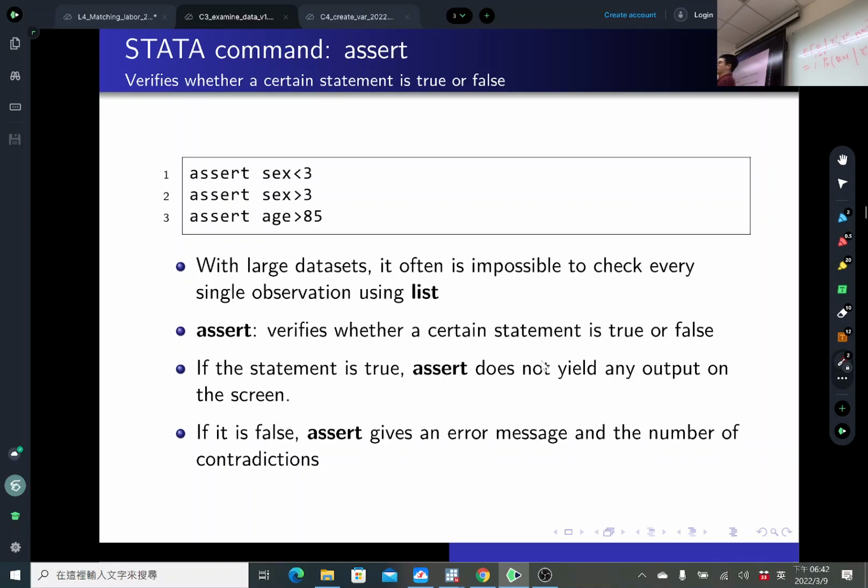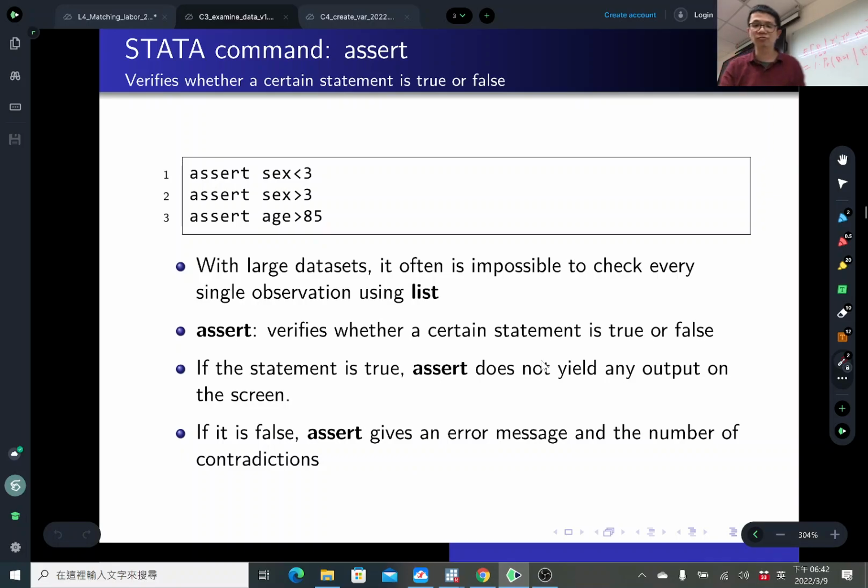Typically, it will not have a number more than 3. But you want to check whether your data is right or not, so you can use assert. If this condition is right, it will say nothing. But if this condition is false, it will say false. So that means sex cannot be bigger than 3, because in the data set usually 1 is male, 2 is female, no other, no 3. And age in this data set actually is below 85. So this will be false.